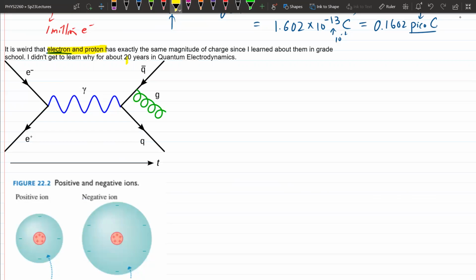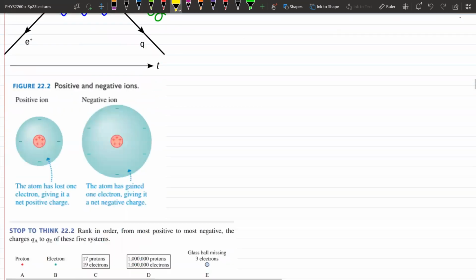But when I took quantum electrodynamics, the thing I mentioned before, there's actually a reason for that. If you're curious why, you can major in physics and then do 3 more years of grad school, and then they teach you why that's the case. It has to be that, otherwise the universe would not exist, which is an interesting thing. So that's a little side note.